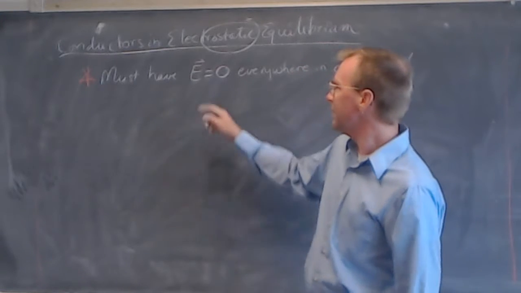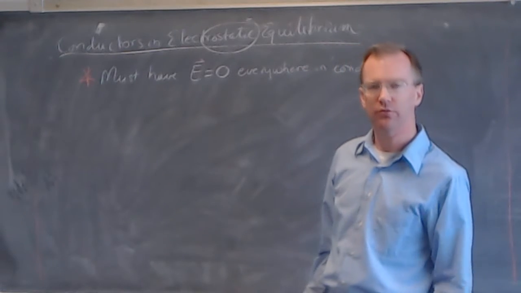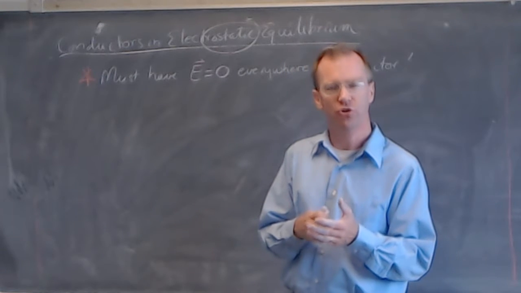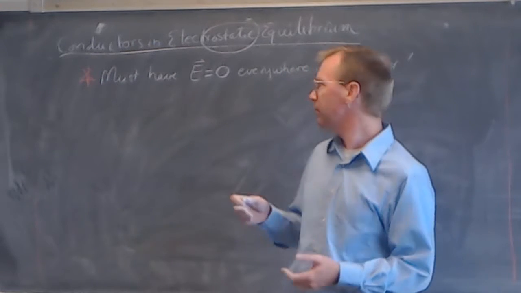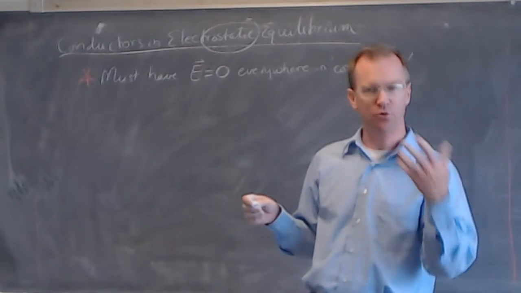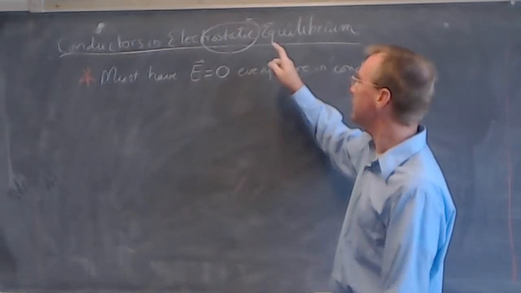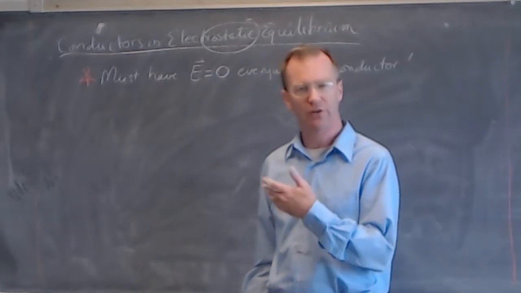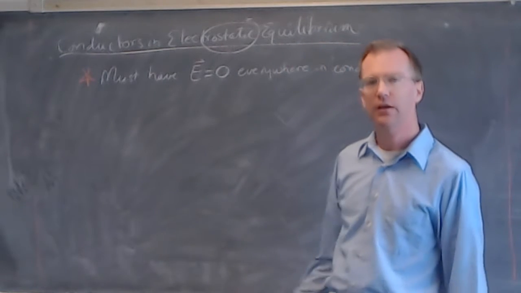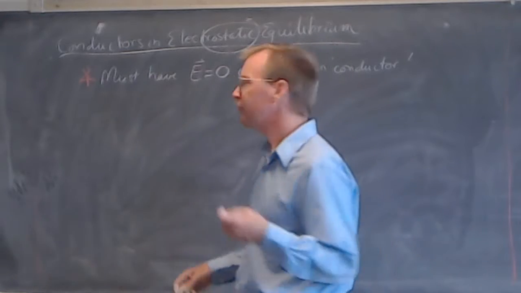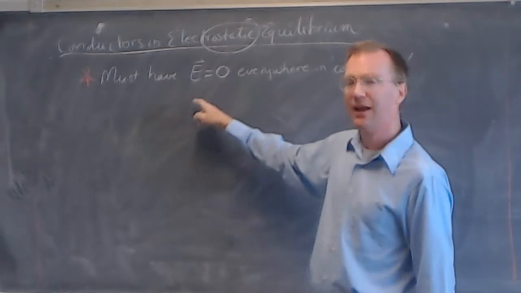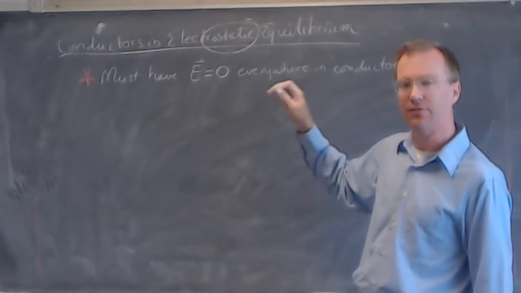So, if there is an electric field in the material of the conductor, it would be pushing on the charges there. And if it's pushing on them, they're moving. If they're moving, the charges are not static, which was the condition that we talked about to begin with. So it would violate the condition. So as long as we know that the charges aren't moving, then we have to have no electric field in the conducting material.